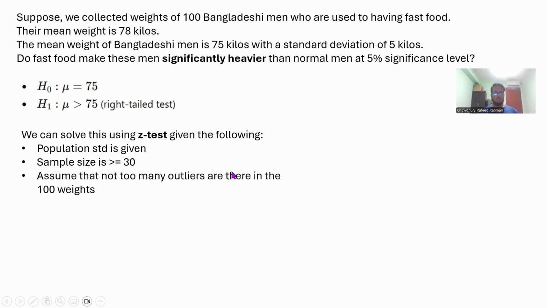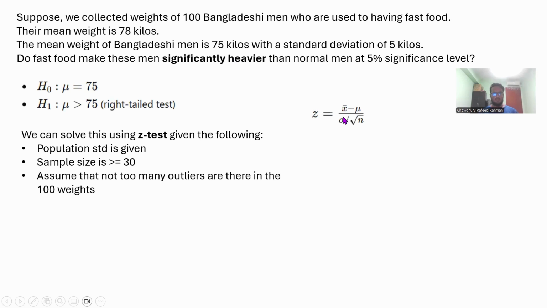Okay. Now, how do we get the z-score? This is the formula for getting the z-score. If you have followed my normal distribution tutorial, which I have already linked in the description, you know what this is. This is the observed mean, which is 78 kilos right here. The population mean, mu, which is 75.